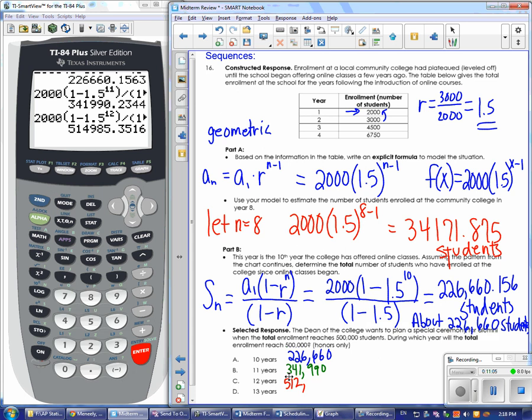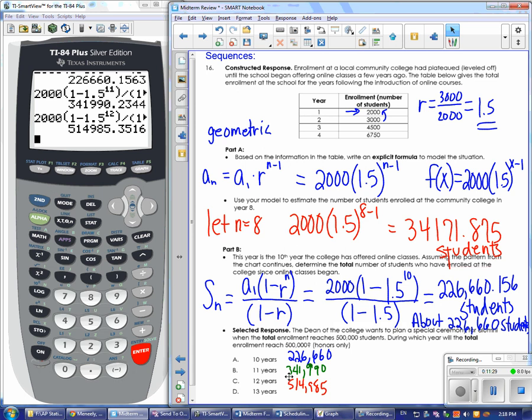We're at 514,985. Let me rewrite what I had. This was 341,990. Okay, so I know I don't need to go any further because by the 12th year, there's been 500,000 students, or 500,000.